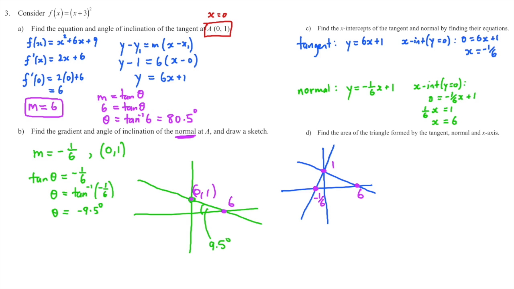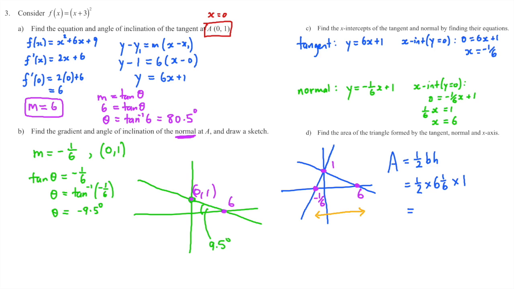Now, to find the area of a triangle. Area of a triangle is equal to half base times height. Now, the base is the distance all the way across the triangle, which from 0, 0, is 6 units out, and from 0, 0, is 1/6 units back. It's 6 and 1/6 units. Now the height is the distance from 0, 1 down, perpendicular distance, which is just 1 unit.